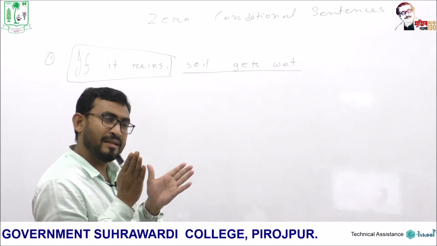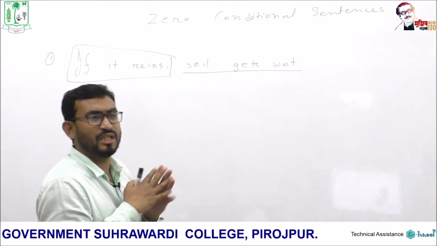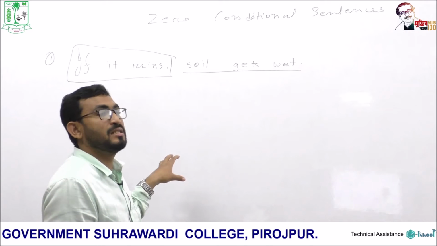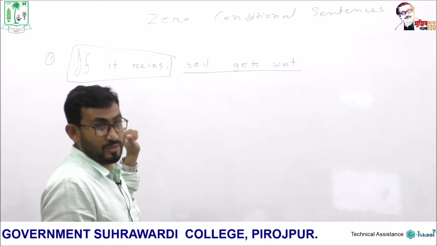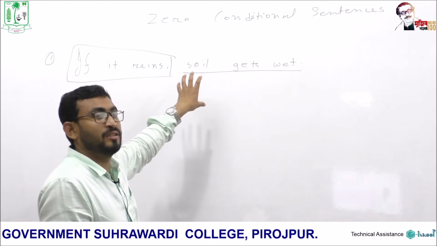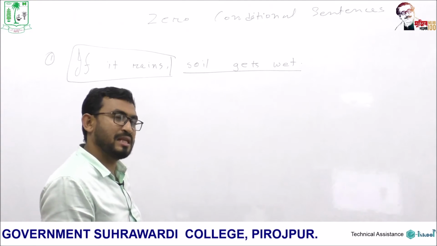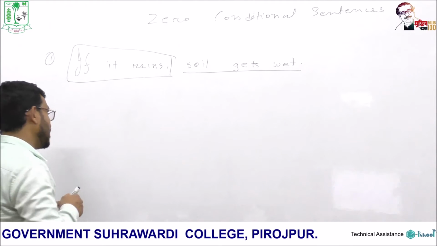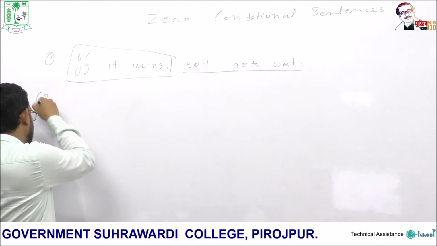When you write a universal truth in a conditional sentence, you should use present tense in both clauses, that is in the principal clause as well as the subordinate clause. Now if I give you an example, look at this, number 2.